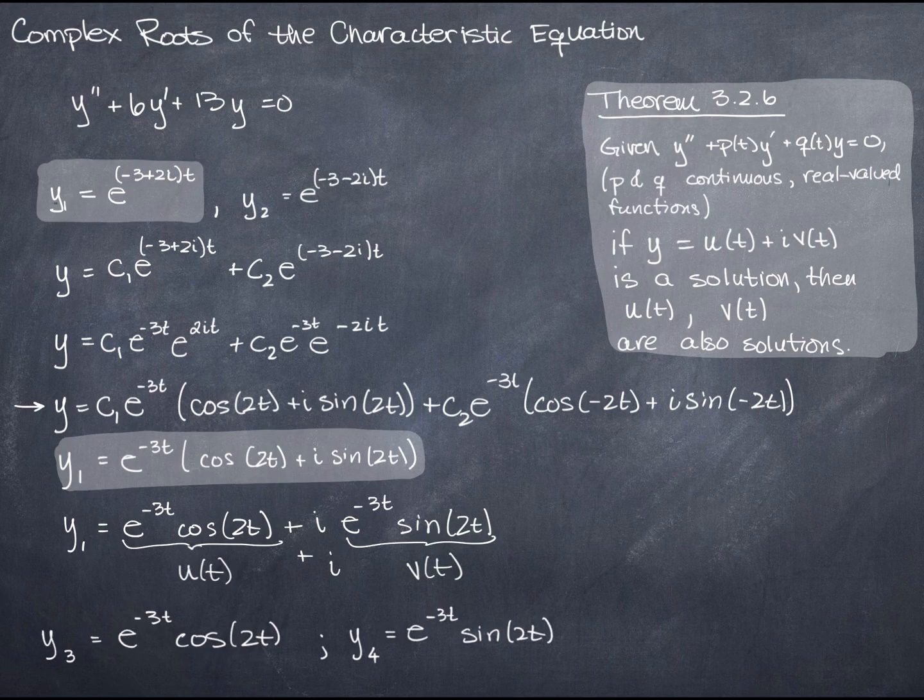That's pretty powerful stuff. If y equals u plus iv is a general solution, then just the u of t and just the v of t without the i are also solutions. So here, this is my u and this is my v, no i.